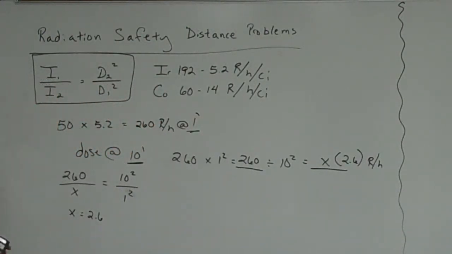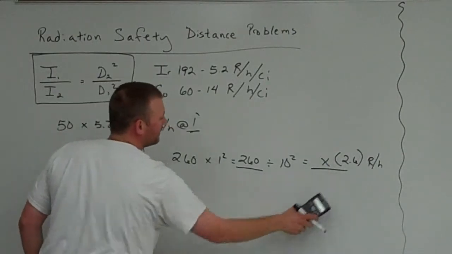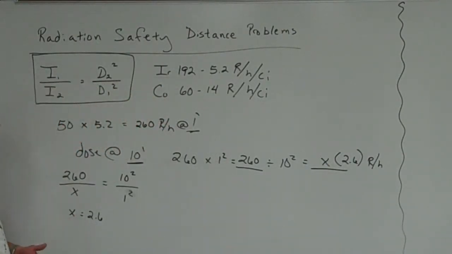So, you can see how that happened. 260 times 1 squared equals 260, divided by 10 squared, there is 2.6 Rankins per hour.